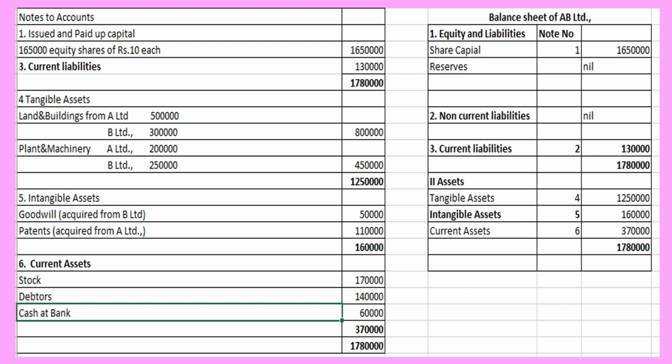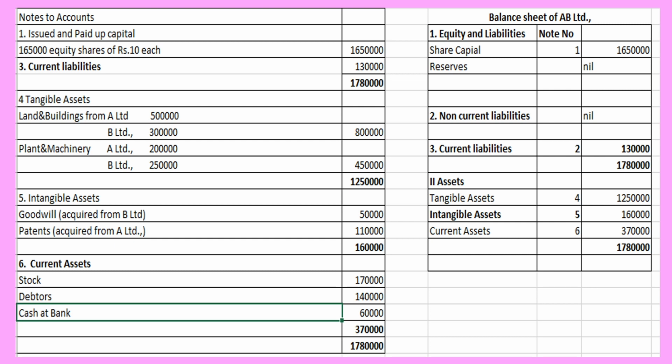Before that, one piece of information relates to the shares which they are going to receive in the new company. They have told us that for 20 shares in the old company, they will get 21 shares in the new company. A Limited already has 1 lakh shares, so for that they will get 1,05,000 shares in the new company.